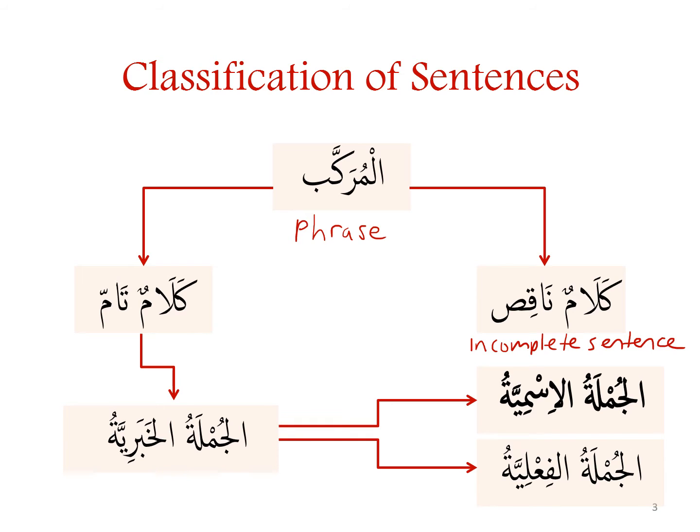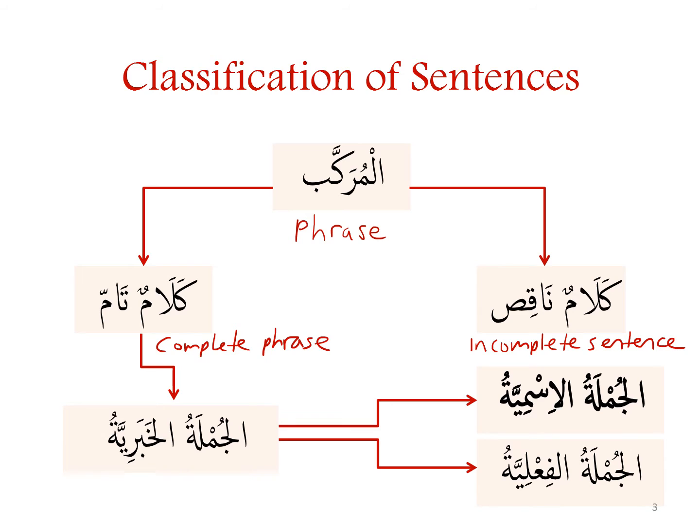And you can have a few of these kalamun naqis working together to give a complete sentence. Or you can just have the kalamun tam, which is the complete phrase, meaning that no more information is needed to give the meaning.